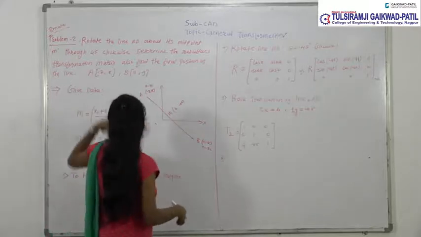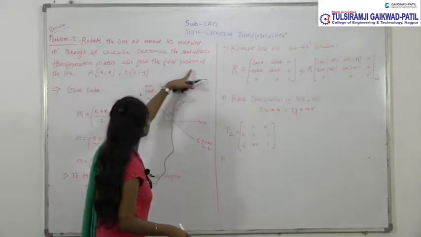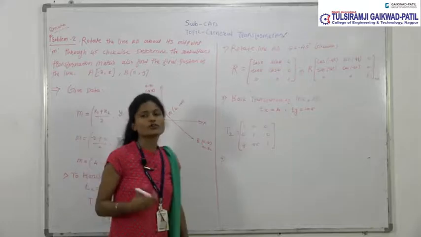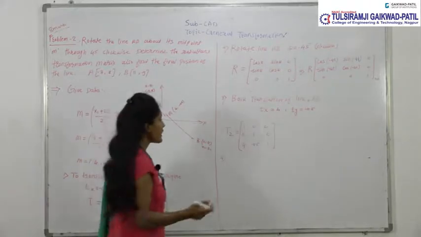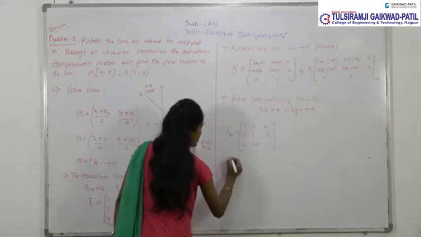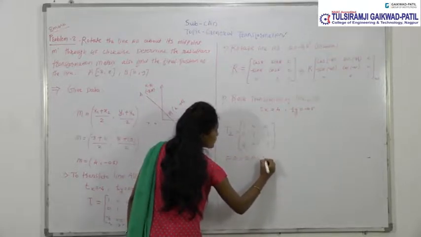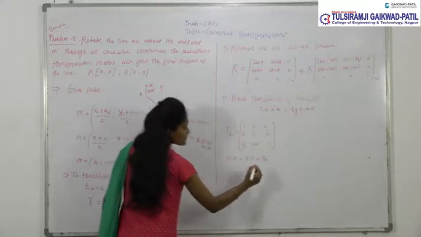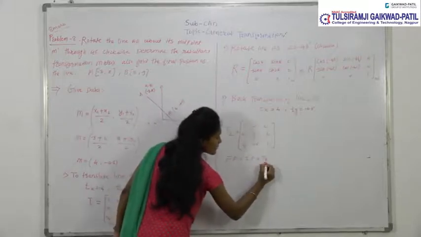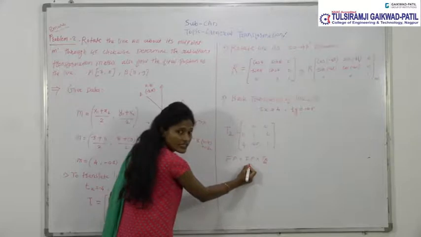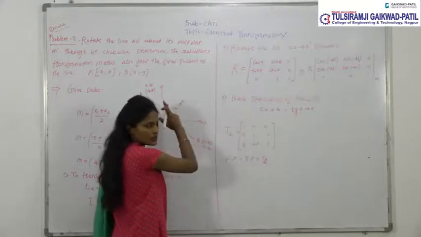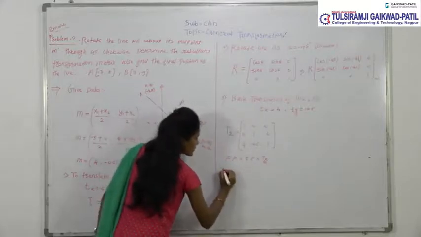Now the next step is to find the final position of the line. What is the formula for the final position of the line? Final position of line is initial position into total resultant matrix. So we have to find this total resultant matrix because the initial position is given in the numerical. What is the total resultant matrix?